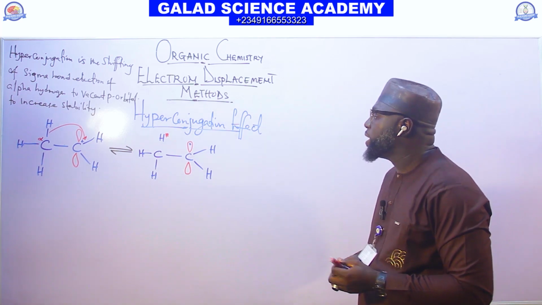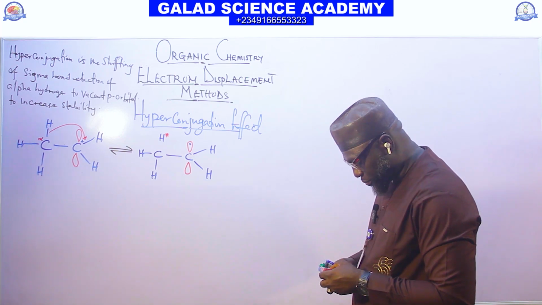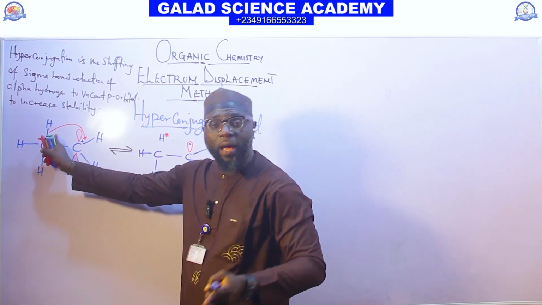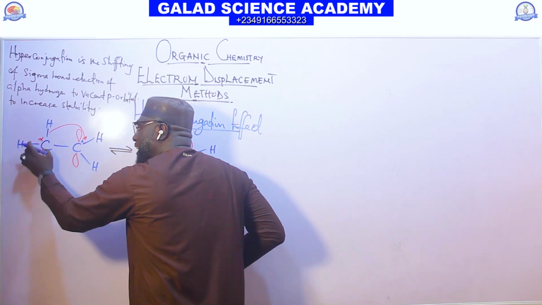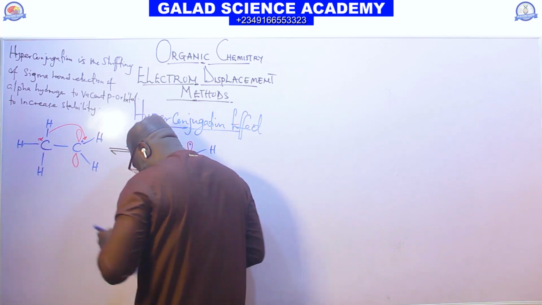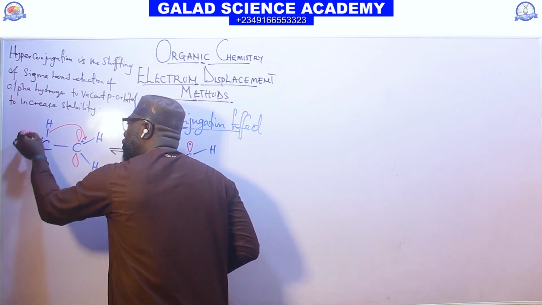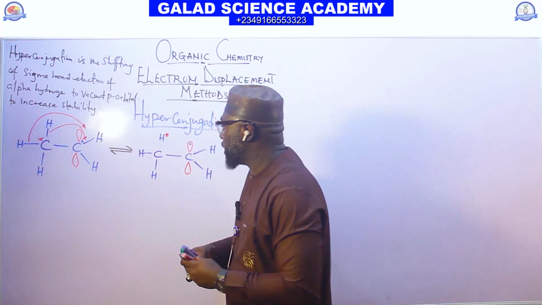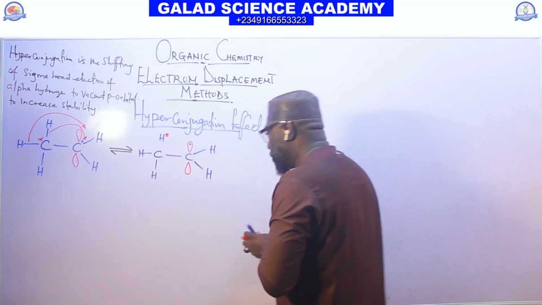And again, that's for this first alpha hydrogen, but assume that this one remains here, and this alpha hydrogen here is the one that transfers its sigma bond electron to this side. If this one transfers its sigma bond electron to this side, what happens here?